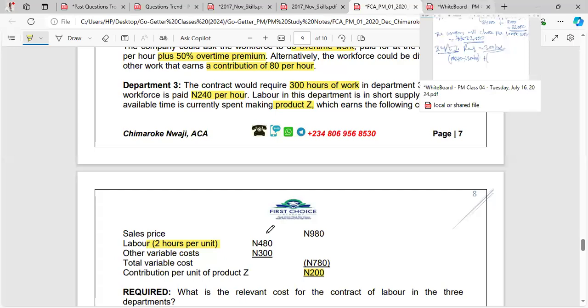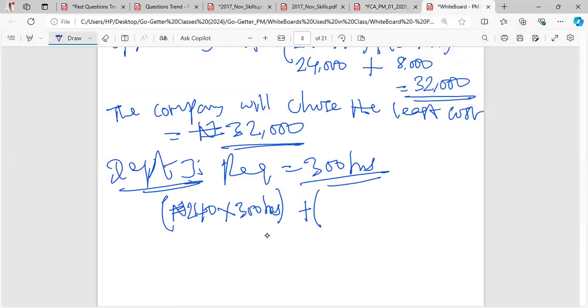So 1 unit is 200 naira per unit, and 1 unit requires 2 hours.